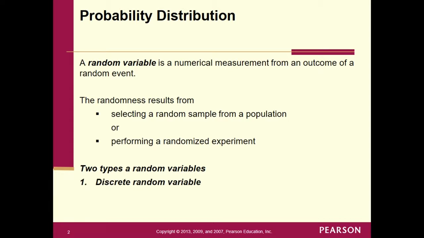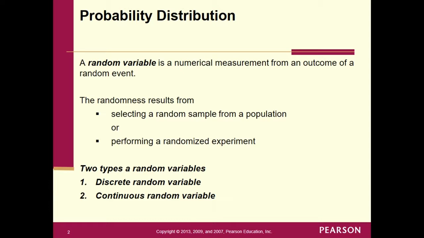So you have two types of random variables: either a discrete random variable or a continuous one. In 6.1 we are going to concentrate on the discrete random variables, and in 6.2 we're going to concentrate on a continuous random variable.